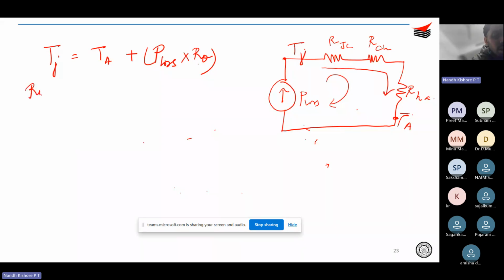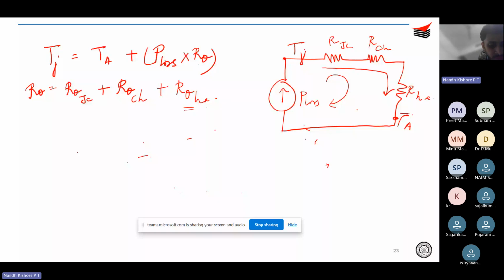So R theta is equal to R theta junction to case plus R theta case to heat sink plus R theta heat sink to ambient. You need to find out what is heat sink to ambient. Simple relation.